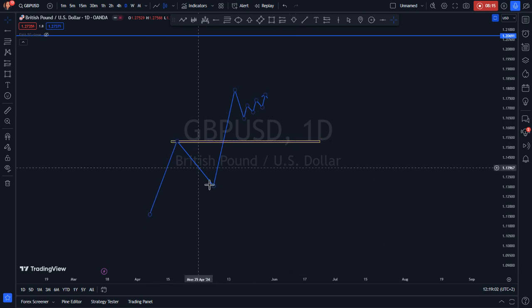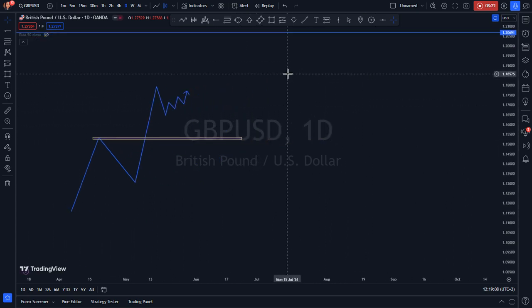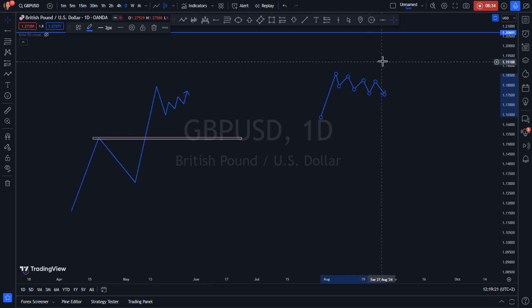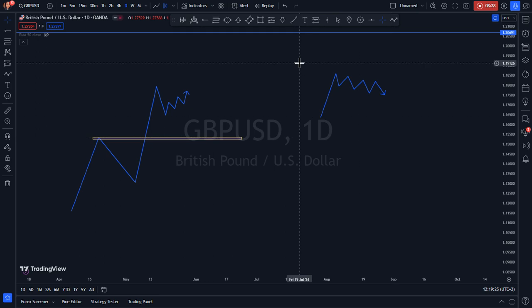Like this: impulse, correction, impulse, therefore here we are in a correction phase, which means my strategy says look for two things. That's the only thing we are looking for. Look for either a bullish flag continuation in the direction of the market, or a bearish flag in the direction of the trend.